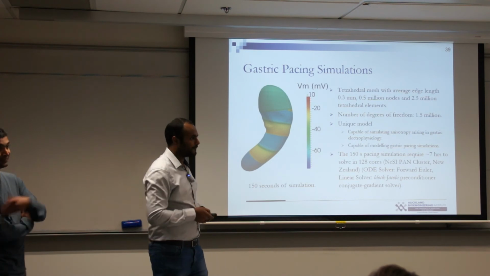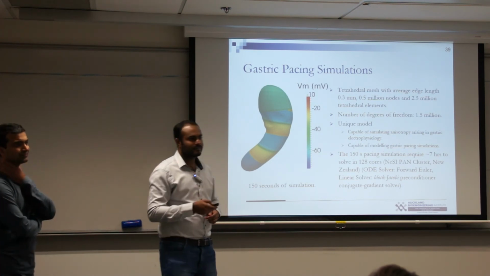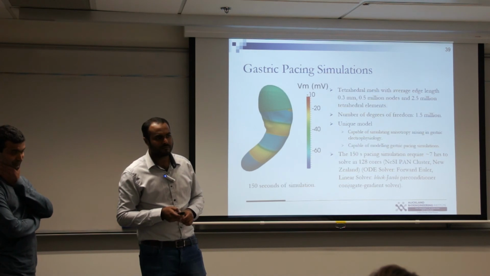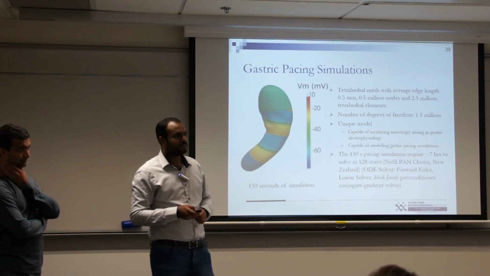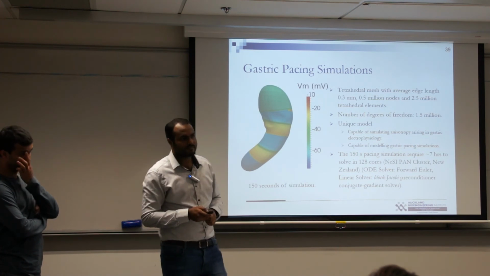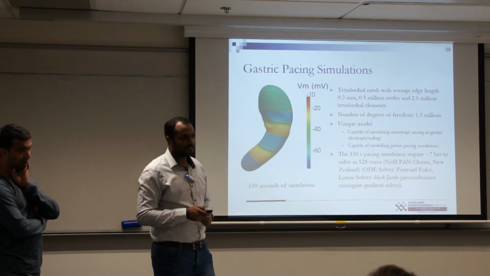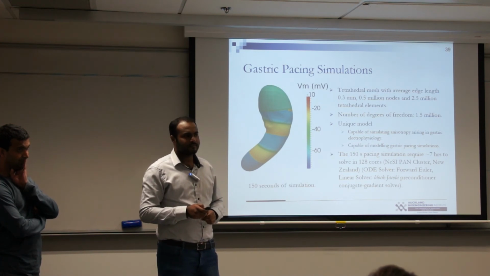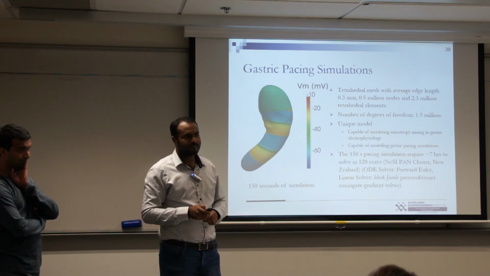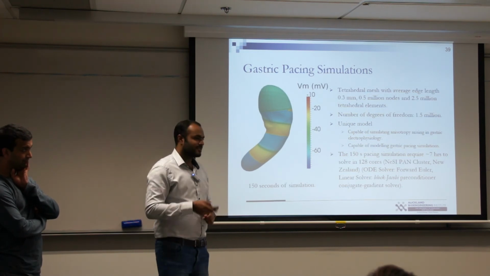Do we have different kinds of ICCs that may affect the pattern of activation? Or do we have different densities of the cells among the stomach, or when you record the activation, do you find quite symmetric propagation of the action potential? How many cell types do we have? That's a very good question.